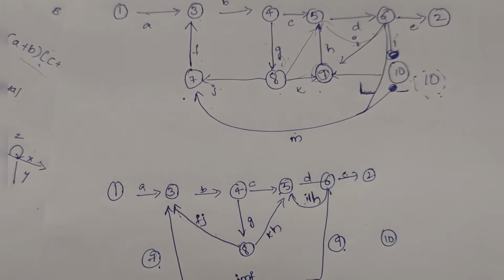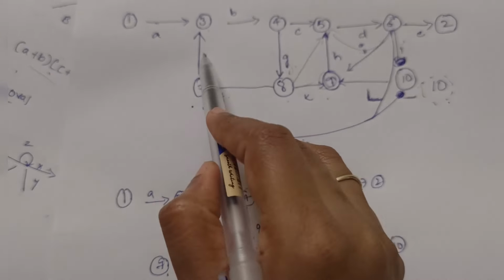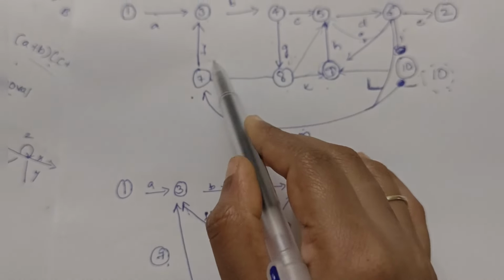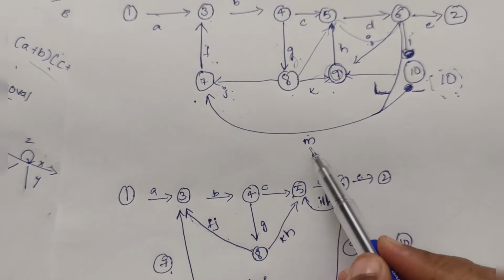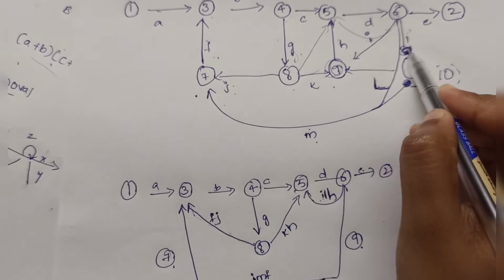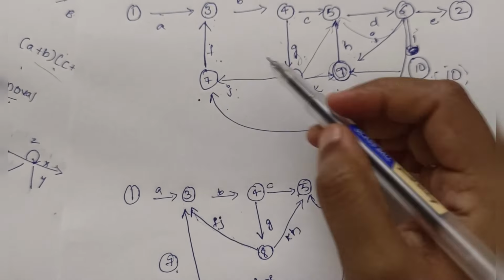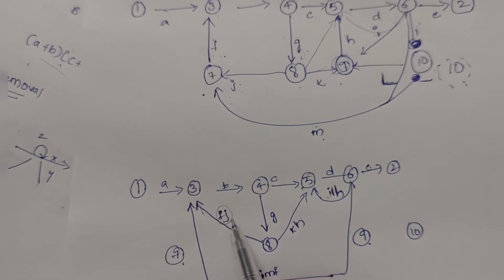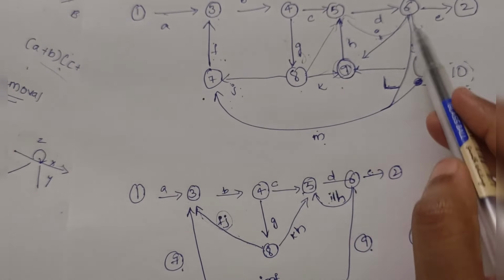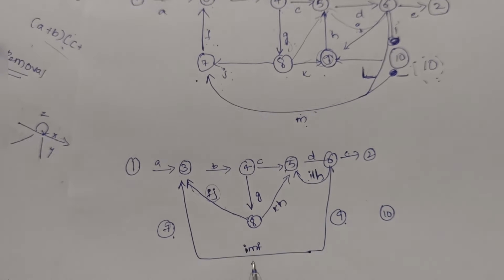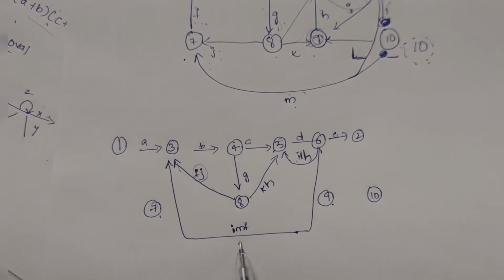And from 3 again we have F, J, M, and here I. So I, M, F. Here already we took J, so these I, M, F can be converted into one loop.